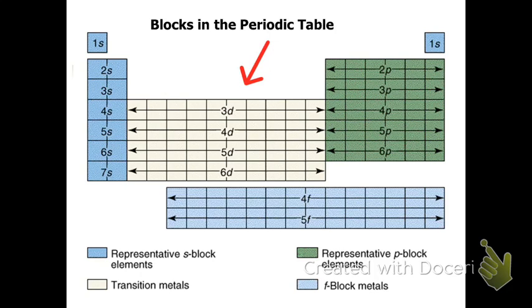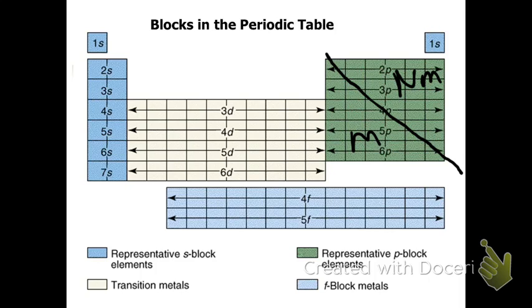These are the transition metals, okay? And then the p block, we call them the representative p block elements. Many of the elements in the p block are nonmetals. Truth is, if we drew a line right here, these are the nonmetals.